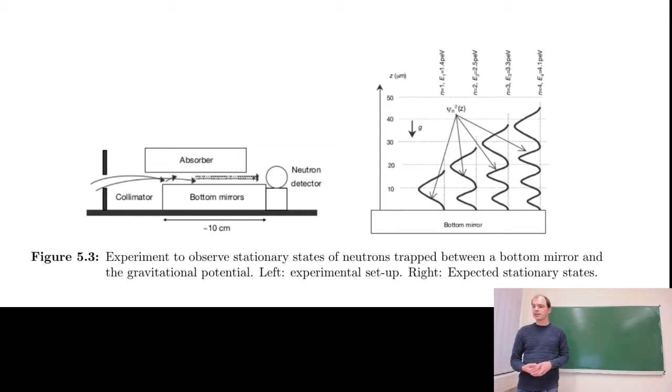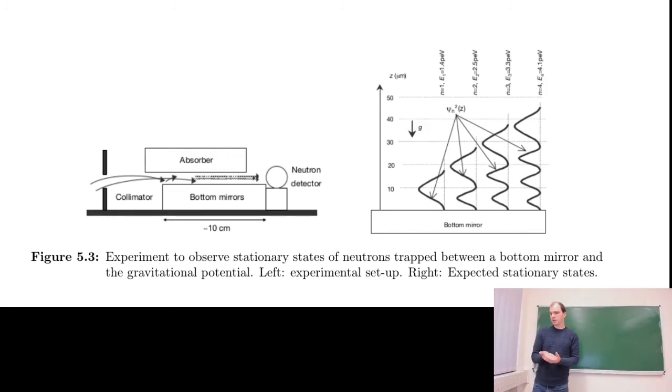What they did is they also used neutrons, but they shot these neutrons onto a mirror or a surface that is perfectly reflecting for neutrons.